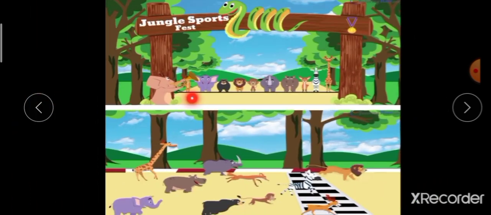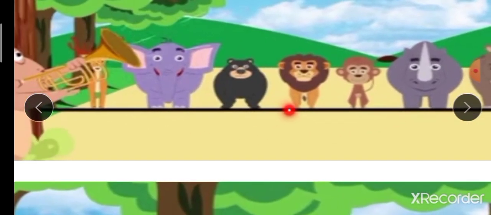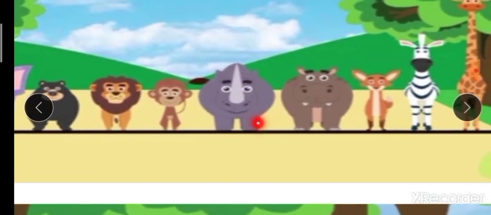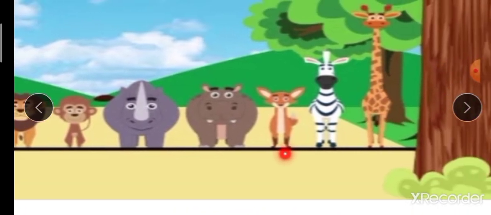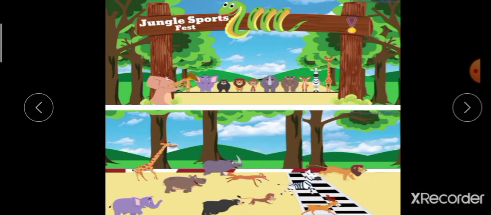Now, here you can see all the animals are standing in a line to start running. There's a race. You can see over here an elephant, the bear, the lion, the monkey, the rhino, the hippo, the deer, the giraffe, the zebra. All are standing in a line to start the race.